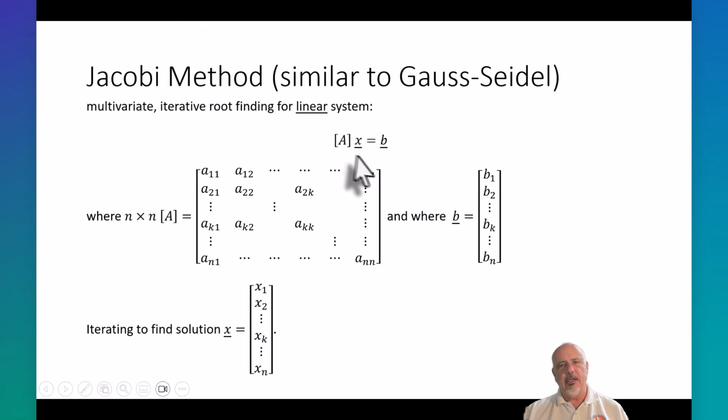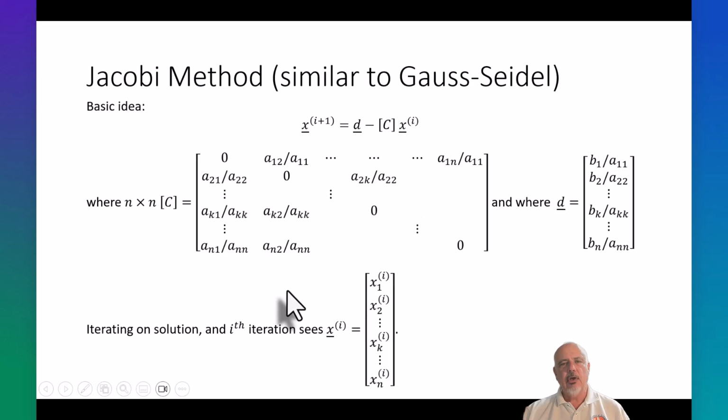Now let's remember the Jacobi method that we had for multivariate iterative root finding for a linear system. So this is where you have Ax equals b. You've got an n by n A matrix, and you have a b column, which is n tall, and then you have n unknown x values that you're trying to solve for.